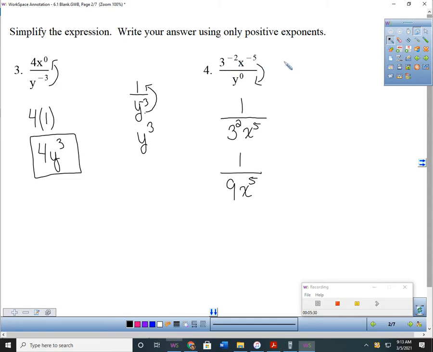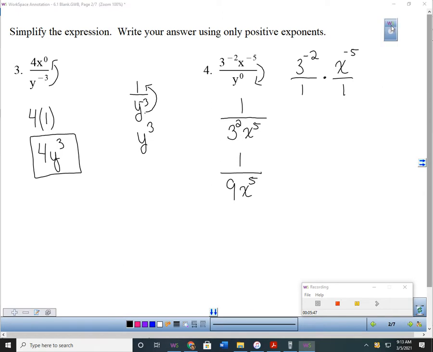And for some people, it's easier for them to kind of separate things. So you've got 3 to the negative 2 and put that over 1. And then to do your x and say, okay, I've got x to the negative 5th over 1. And then I've got y to the 0 on the bottom with a 1 on top. And then you can say, okay, well, that's 1.